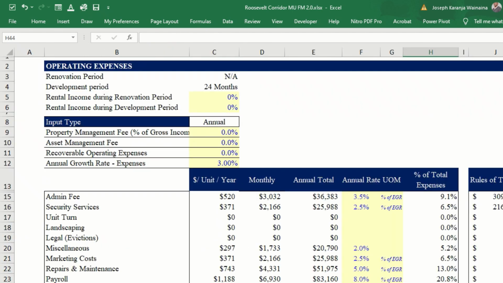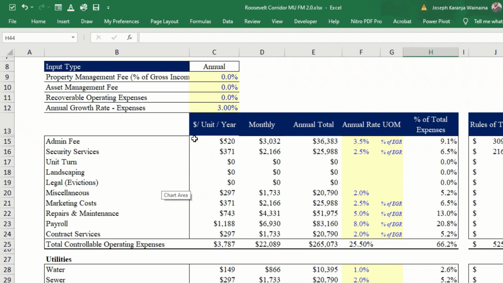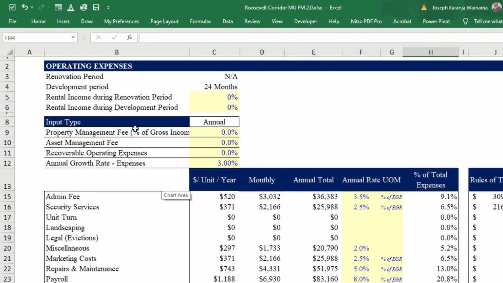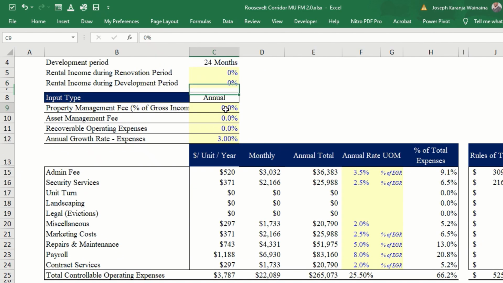Here we also have the operating expenses schedule. This way you can indicate the operating expenses that you expect to incur for the residential section. You can see there's no renovation, it's a ground-up development, so there's no rental income during development. We have the property management fee, the percentage that should be paid to the property manager.